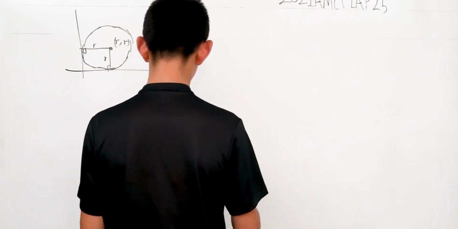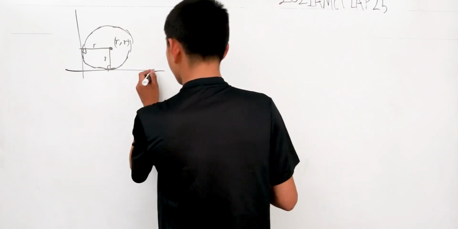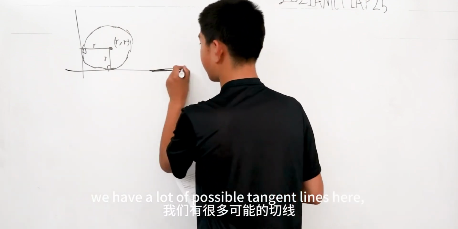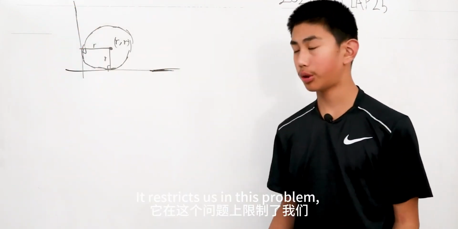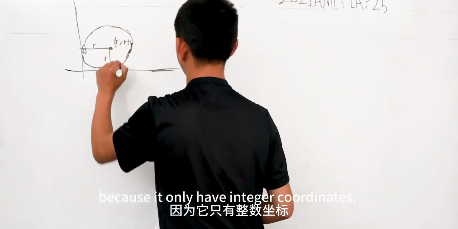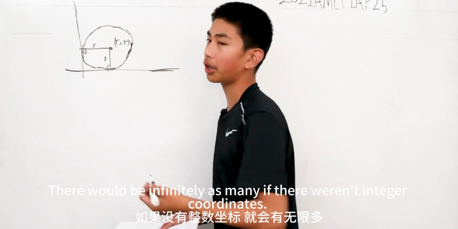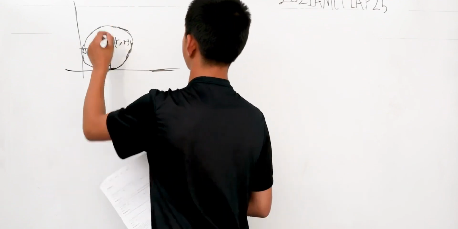Now we have a lot of possible tangent lines here, and it restricts us in this problem because it only has integer coordinates. There would be infinitely many if there weren't integer coordinates.